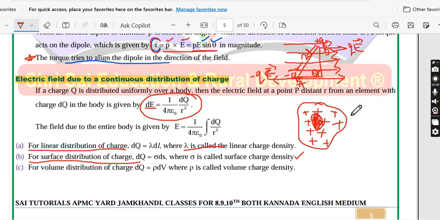Then the charge dq of that volume will become rho into dv. Am I right or not? Rho into dv. Why have I written this? Because rho is called the volume charge density. The electric charge of that small volume will become rho into dv.